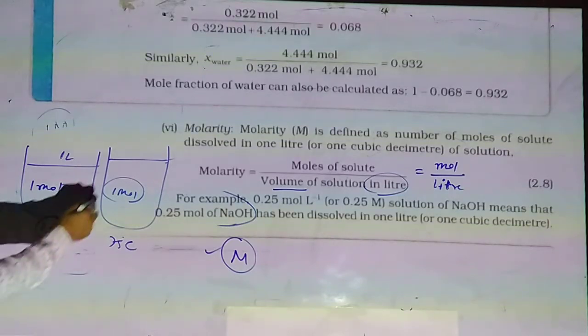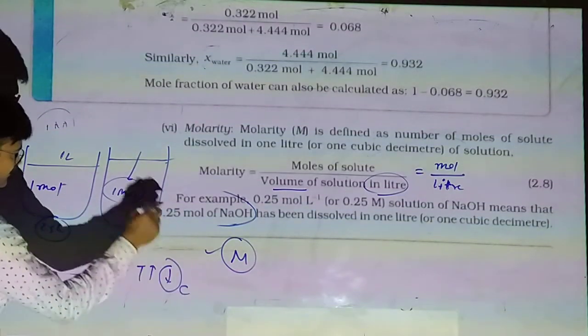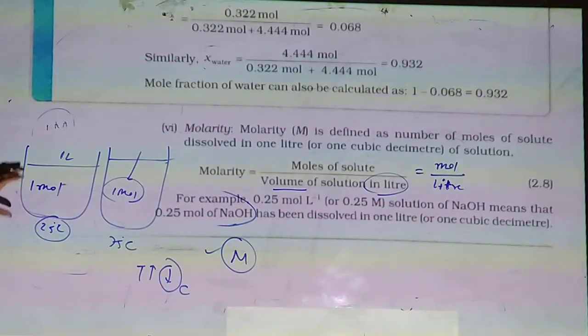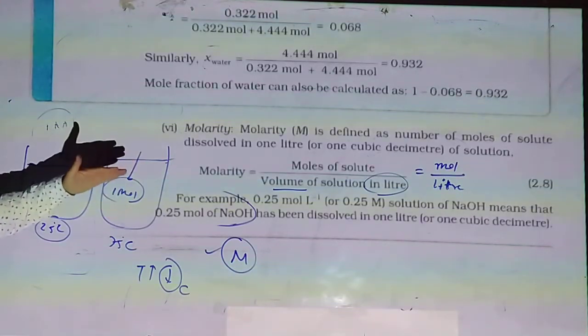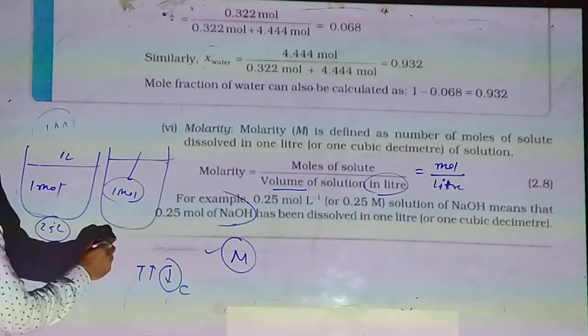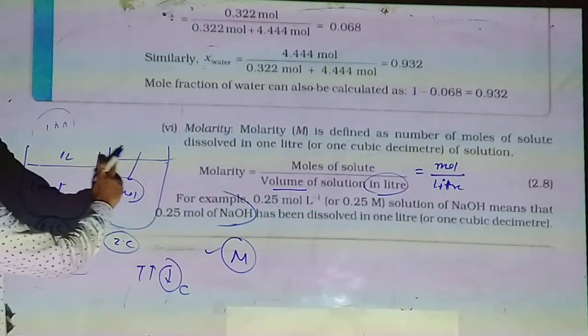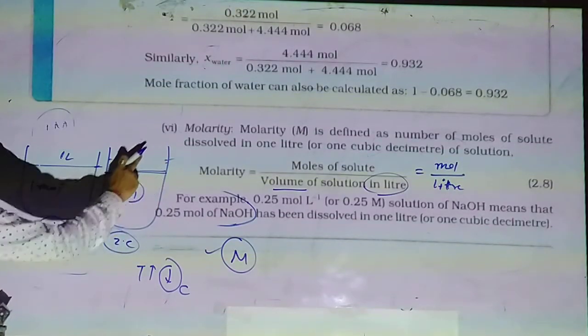So you can see the concentration will decrease. Exactly 1 liter had 1 mole, now the volume is slightly more than 1 liter, so the concentration is slightly less.